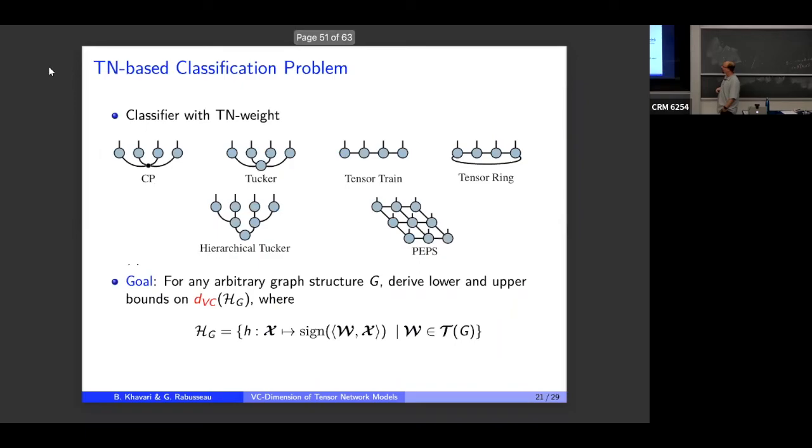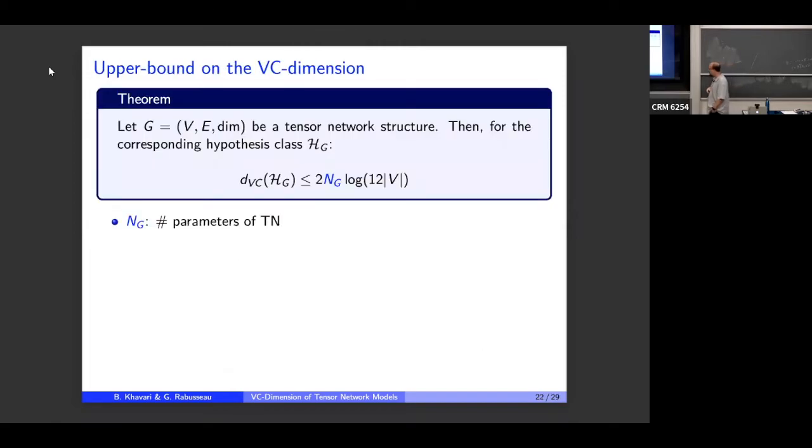The first result is about bounding the VC dimension of this class of functions. And so we have the following result, which naturally relates the number of parameters of the tensor network with the VC dimension. So the VC dimension of this class for an arbitrary G is bounded by 2 times N_G, where N_G is the number of parameters.